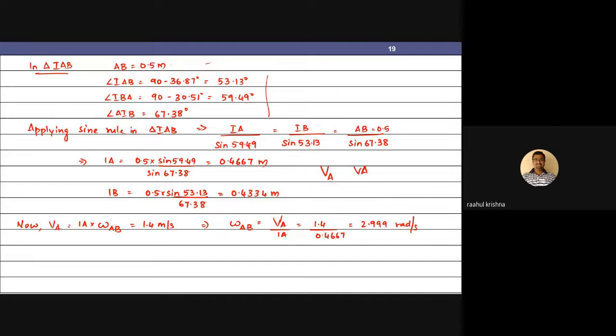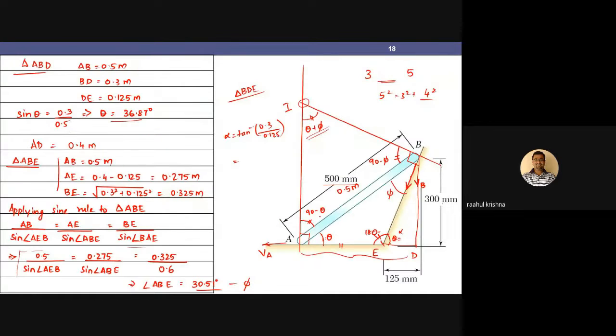Alpha. Omega is angular velocity and alpha is angular acceleration. Good. So omega AB I have found out as 2.99 radians per second. And what is its direction, clockwise or anti-clockwise? Clockwise, sir.